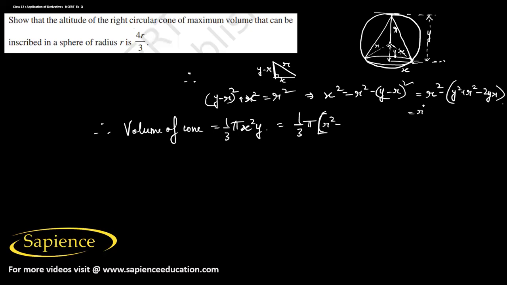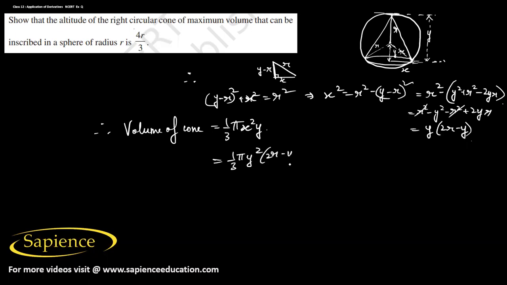So r square will cancel, and this will be y into (2r minus y). So the volume of the cone will be equal to 1 by 3 pi y square into (2r minus y).